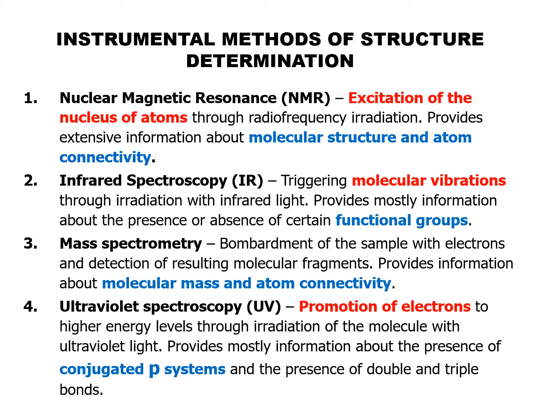IR is one of these important spectroscopic techniques in organic chemistry, but we also use NMR, one of the powerful structural elucidation methods, which is helpful to determine the environment of carbon and hydrogen in a given organic molecule.